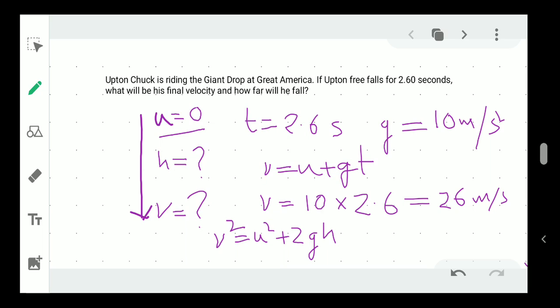Now u square is 0, so v square equal to 2gh, and from that h equal to v square by 2g. Now v square is 26 square, divided by 2 into g, that is 10. So 33.8 I just calculated on my calculator, so 33.8 meters will be my answer.